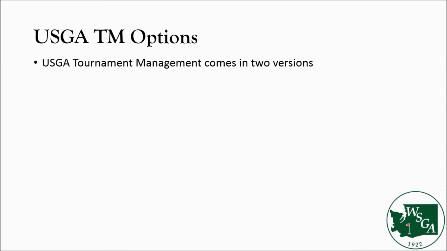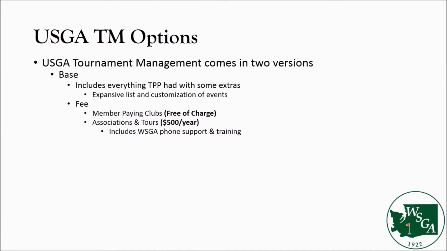One is a base option, which is kind of the TPP basics, and then a more advanced option, which comes at a cost, to give people some greater capabilities that allow you to take your clubs to another level. So here's what's available. The first one is the base, and it basically comes with everything that TPP had, with some extras.